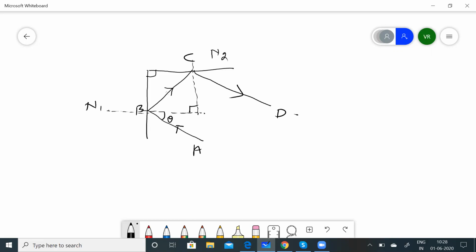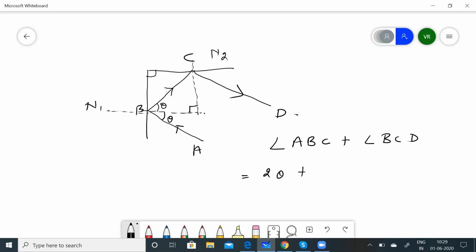Now we can see that angle ABC plus angle BCD will be equal to, so this is theta, this will also be 2 theta, right? So 2 theta, and you know this is 90 degrees.